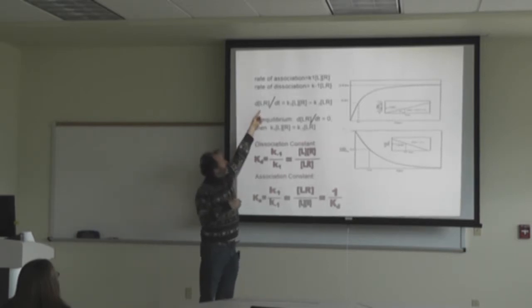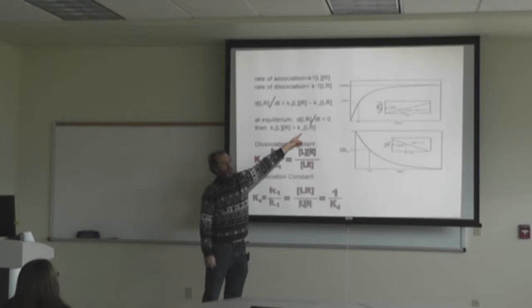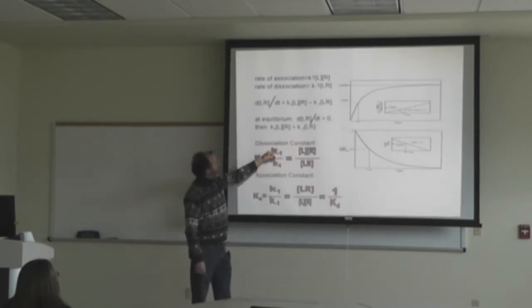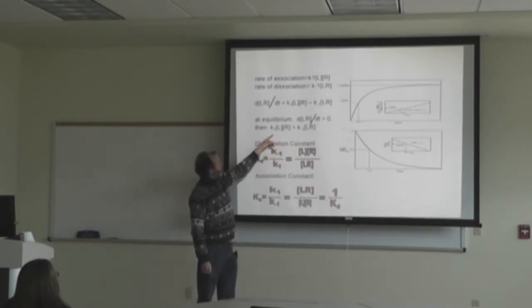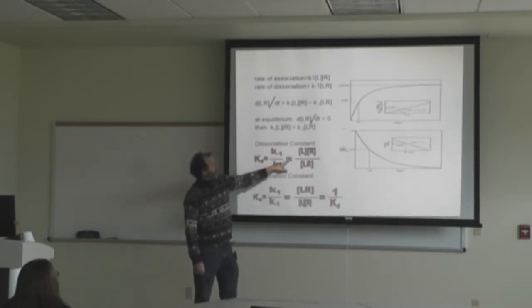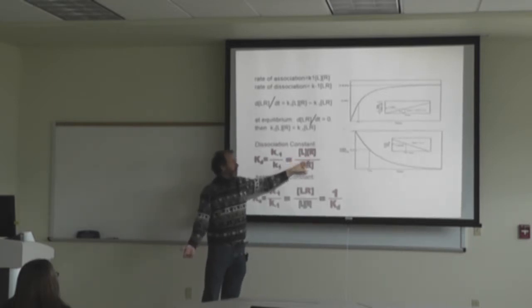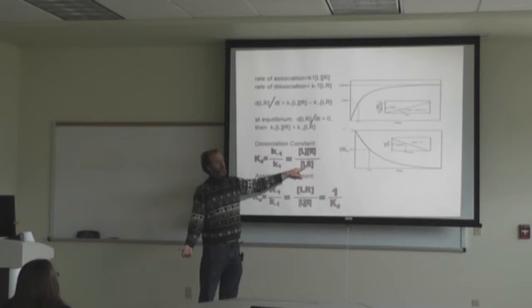This is 0, so then that equals that, right? And then you can solve for one side or the other. KD is k minus 1 over k1, which equals the concentration of free ligand times the concentration of free receptor divided by the concentration of the ligand receptor complex at equilibrium.